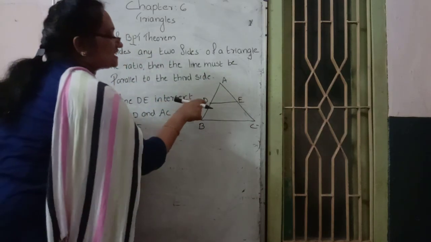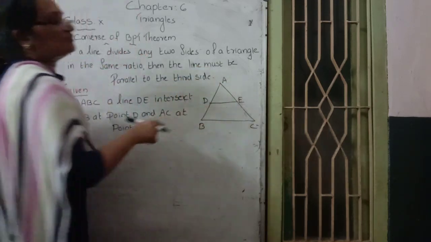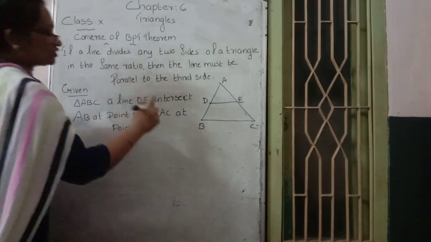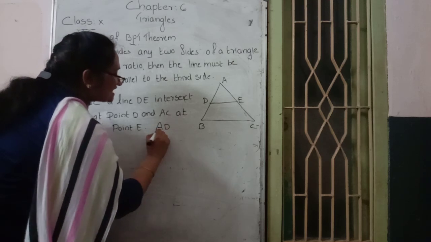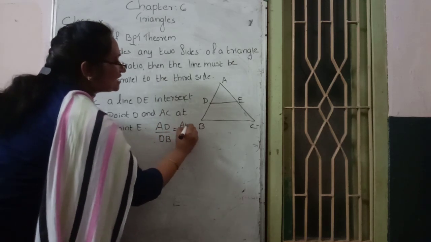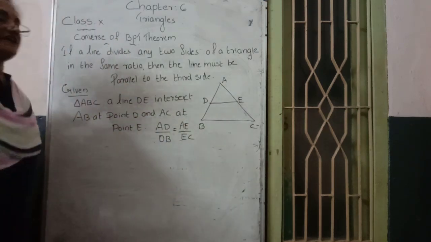AB is cut by point D and AC is cut by point E. That's why they divide the sides in the same ratio, so we can write AD by DB equals AE by EC.